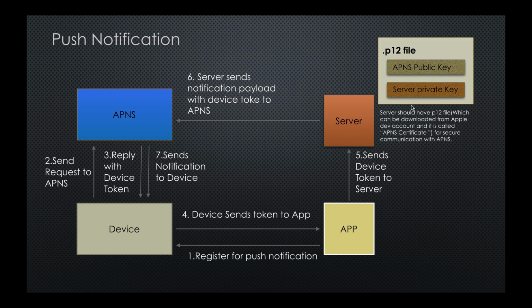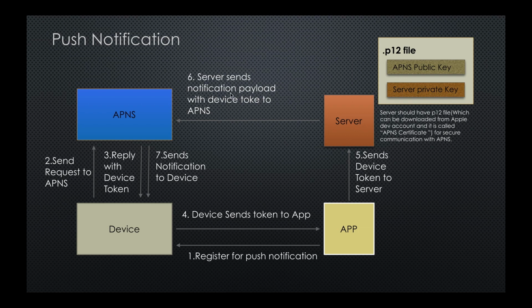Okay, so you will have the P12 file at your server, and once you receive the device token from your app, you will send a request. You will send the push notification actually to the APNS server, and the push notification sent from your server would be in the form of a payload. It's called payload.